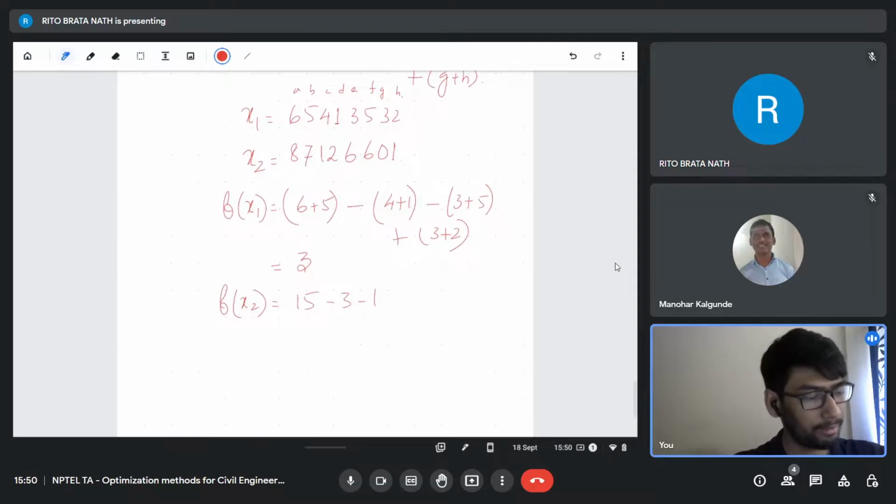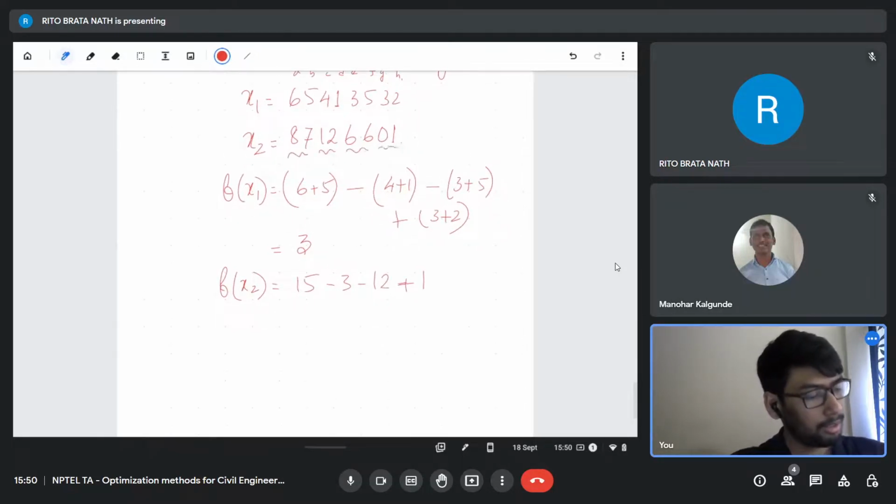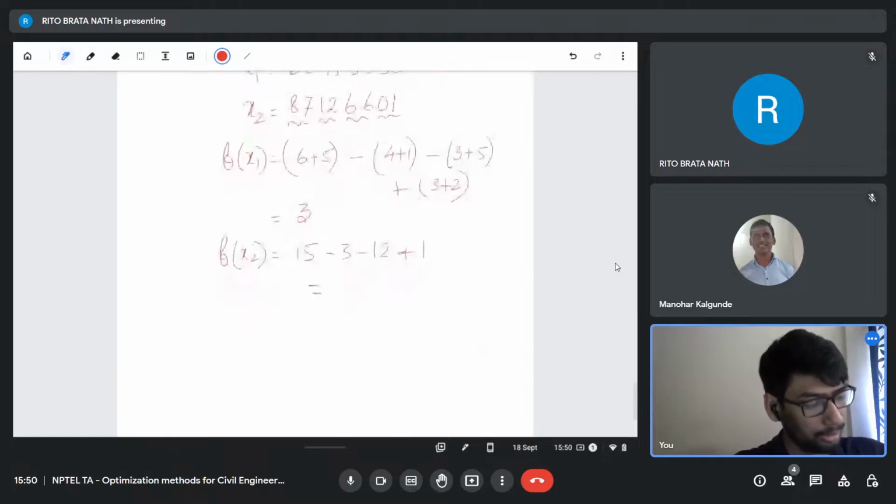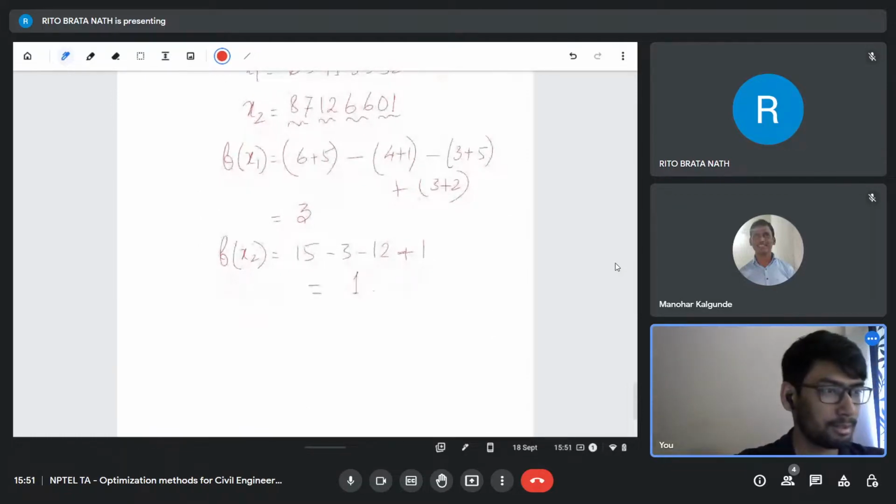I'm not writing everything down, I'm just summing everything, so you'll get probably 1. Now you'll be asked to evaluate this fitness and arrange them from fittest to least fit. In this problem, the order will be x1 greater than x2, something like that.